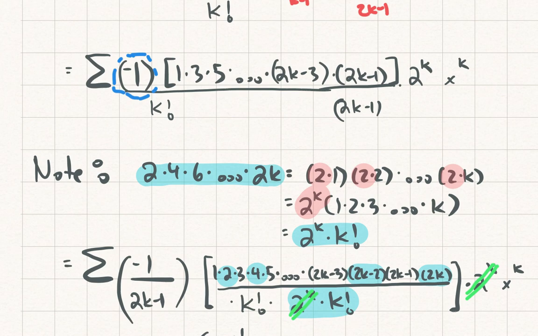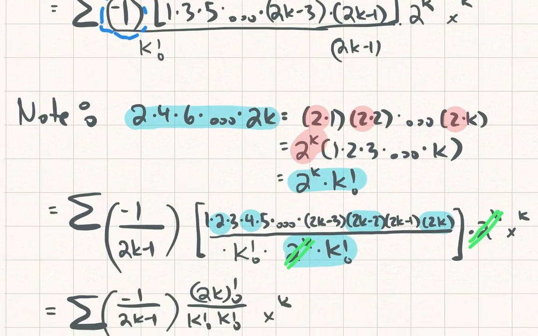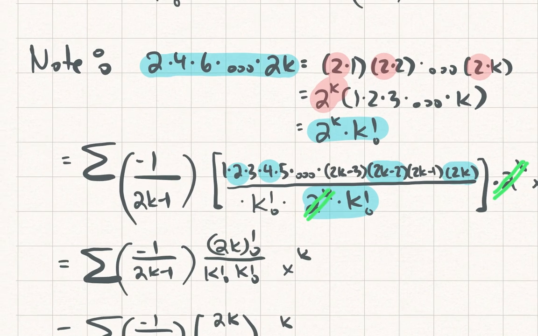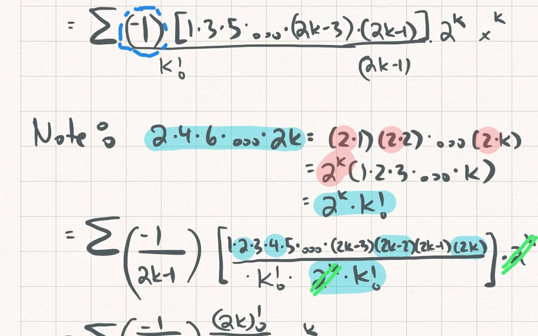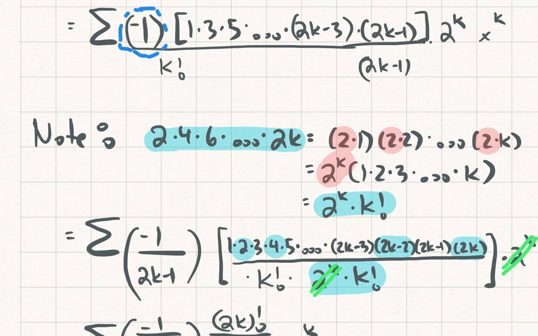So what do I have here? I had this negative 1 over 2k minus 1 just kind of hanging around. So I factored that out. You can see that in this expression up here. So this negative 1 and this 2k minus 1 in the denominator, I'll just take them out separately.